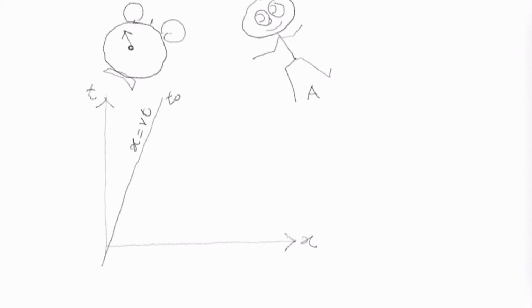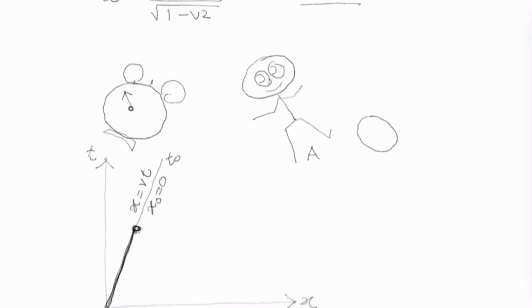Or let's call it X naught equals 0, X naught being the line of simultaneity of the clock to itself. Now, this length means the time read by the clock, or the time of the clock in relation to its own frame of reference.